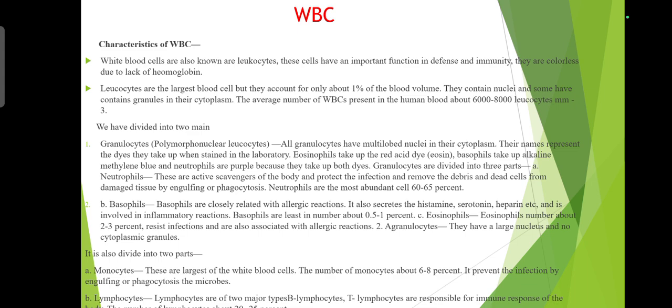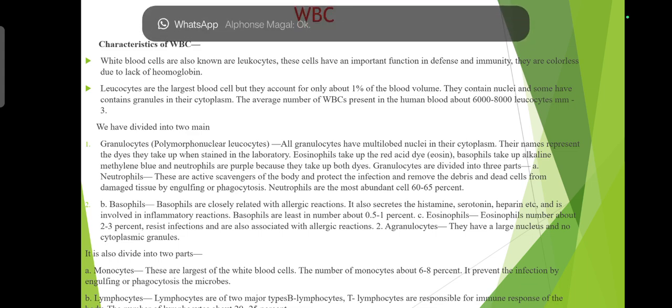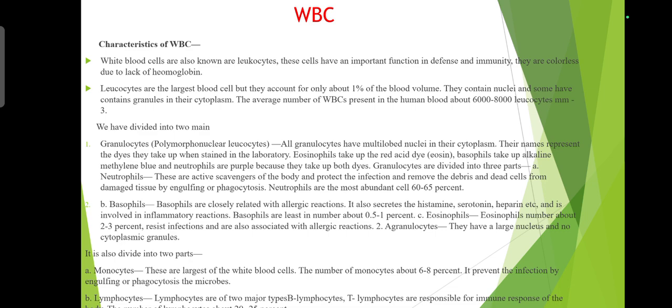Neutrophils are the active defenders of the body; they protect against infection and remove debris and dead cells from damaged tissue by engulfing, or phagocytosis. They are the most abundant cell, 60 to 65%.